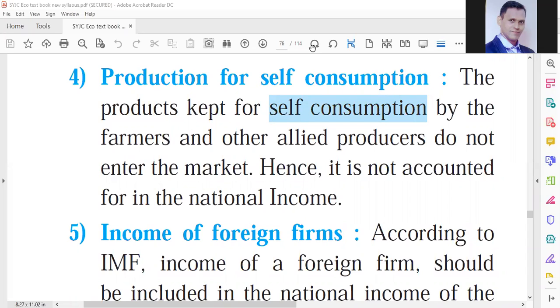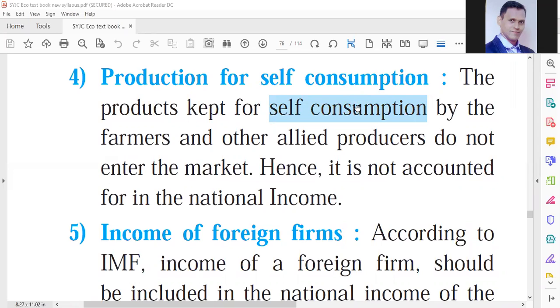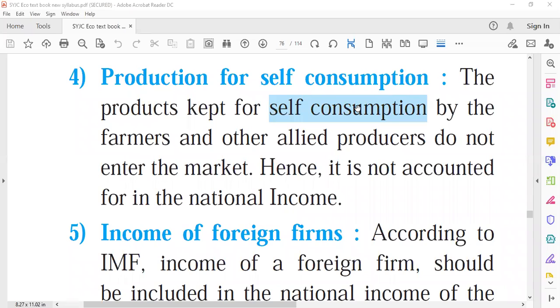But since it is produced in that particular period, the value of such goods has to be calculated into the national income, because such goods add to the current consumption expenditure.